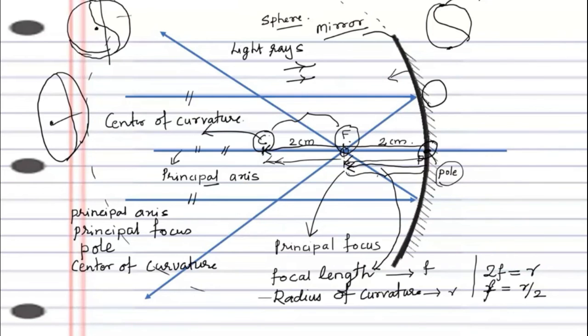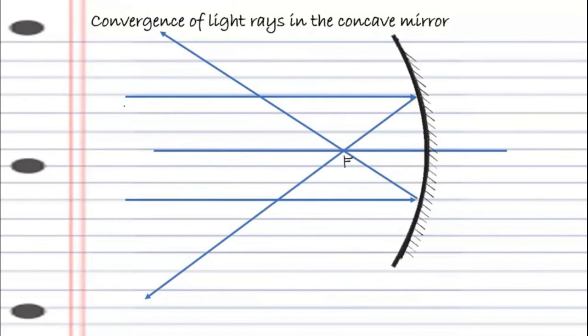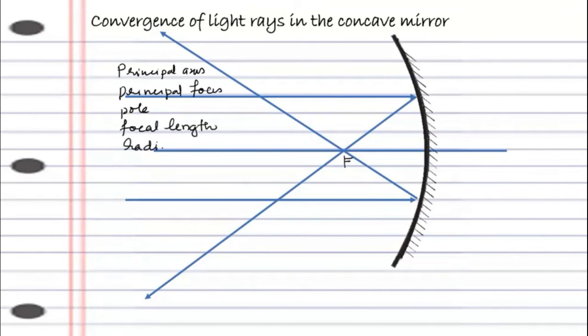Your work now is to draw this and show all these: principal axis, principal focus, pole, focal length, radius of curvature, and the definition of focal length.